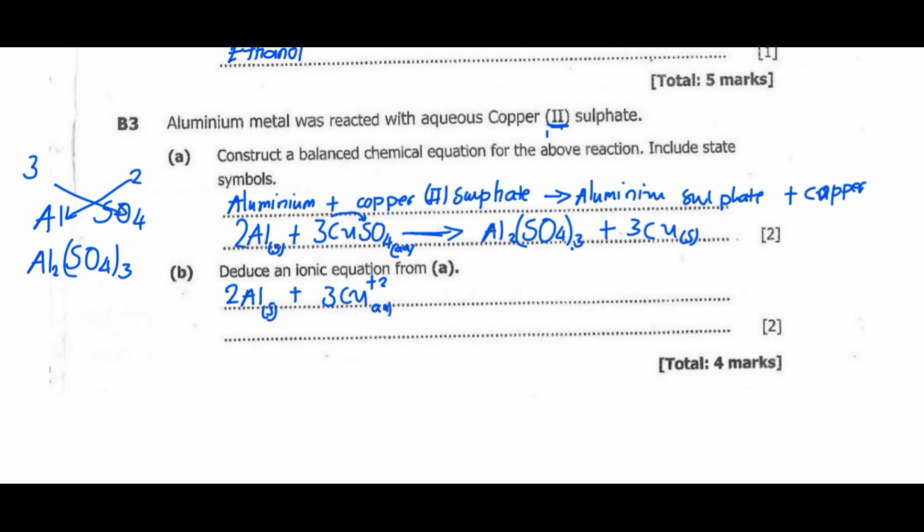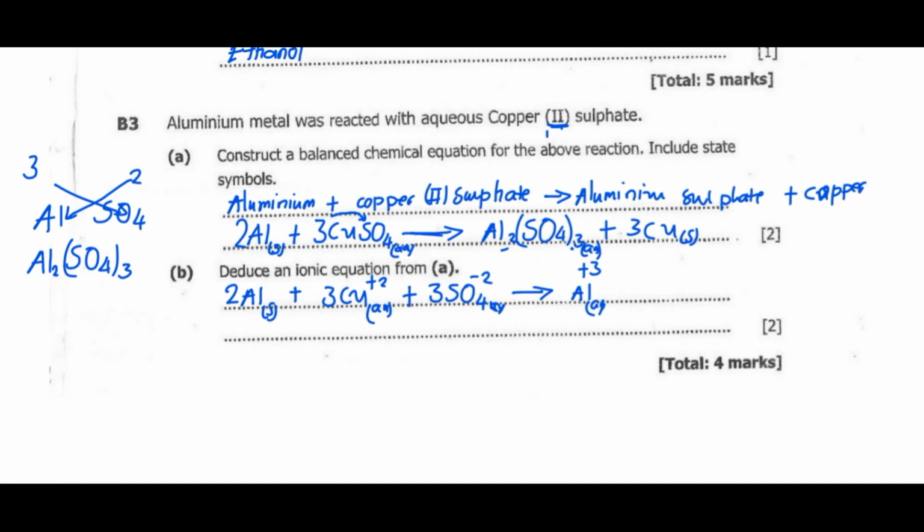Then aqueous plus then we are going to have 3SO4 aqueous. This is minus 2. Then aluminium, we have positive 3. So this aluminium now, this time, we have a positive charge since it's in aqueous. This is in aqueous phase here. So positive 3 in aqueous.